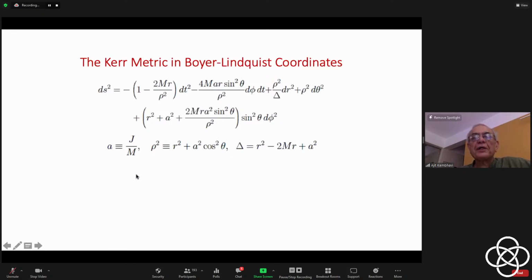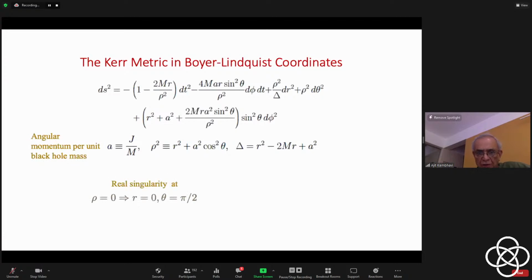What is important is that in the Schwarzschild metric, you have only one parameter, which is the mass. Now you have got the spin, so you have got an angular momentum. And you use the parameter a, which is called the spin parameter, which is equal to the angular momentum per unit mass.